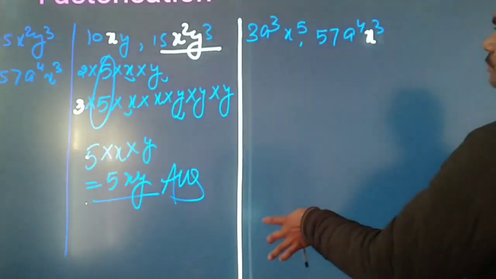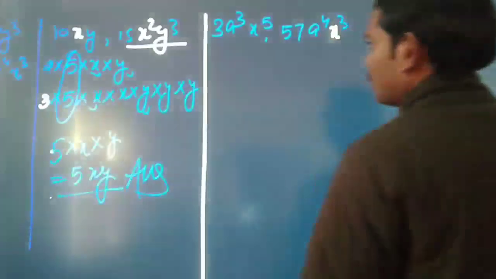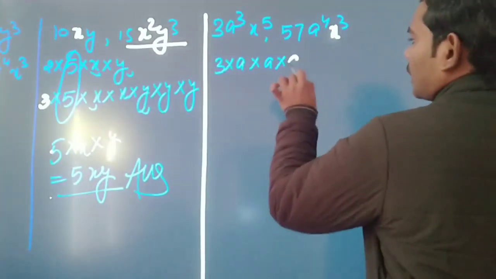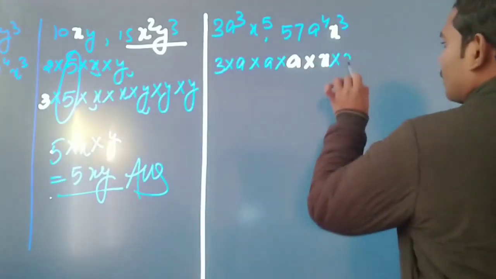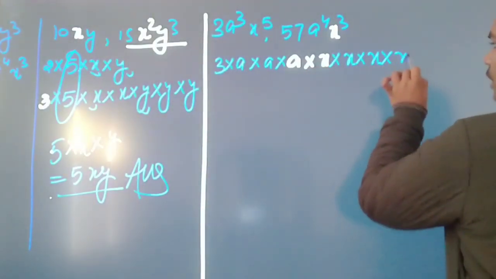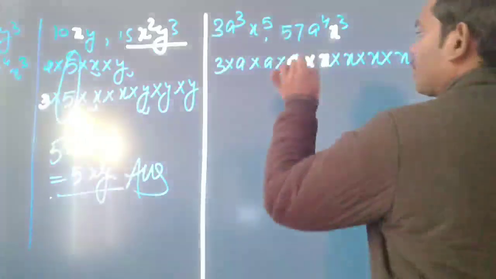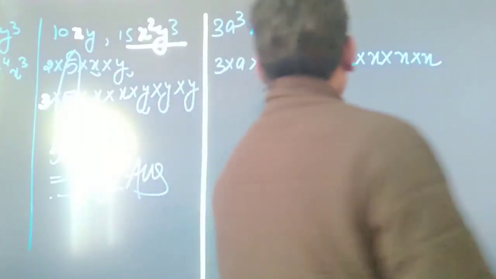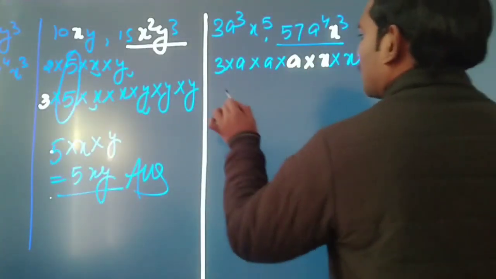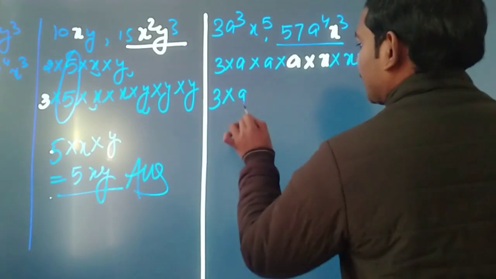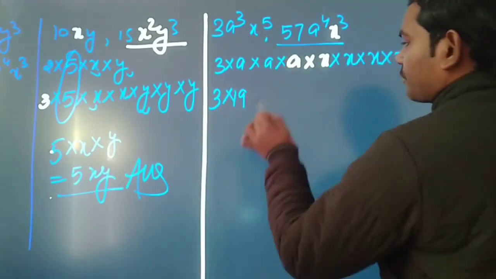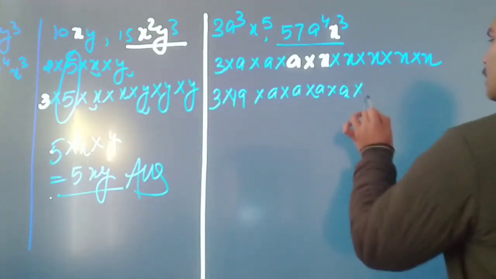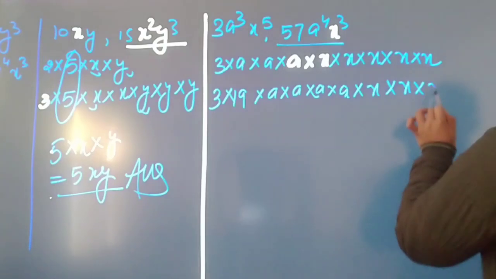First we can write it as 3 into a into a into a into x into x into x into x into x. Since x to the power 5, therefore x can be written as 5 times its multiplication. And now write this one as 3 into 19, because 19 3s are 57, into a into a into a into a into x into x into x.